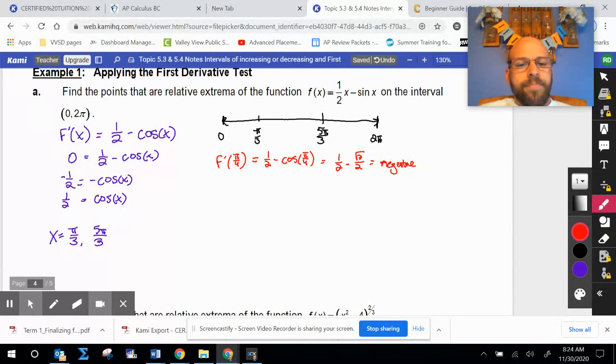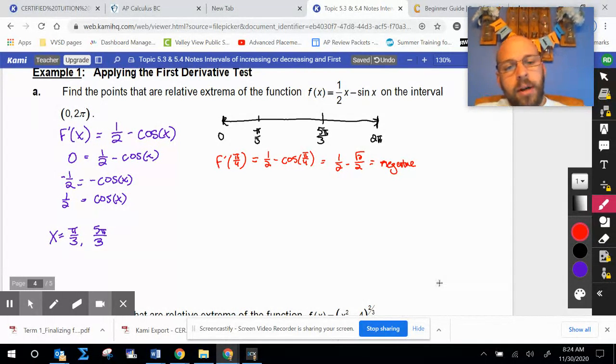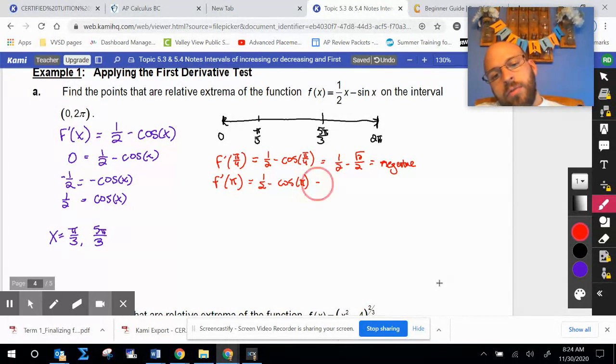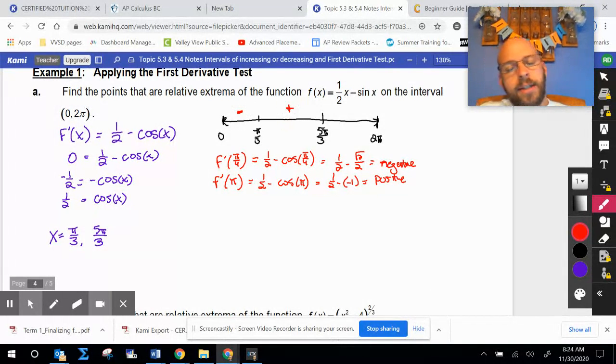Okay. Then I want to check a point between pi over 3 and 5 pi over 3. So I'm going to use, let's say, pi. Sounds like a good one. So I have 1/2 minus cosine of pi, which would be 1/2 minus negative 1, which is definitely positive. So I know it goes from negative to positive.